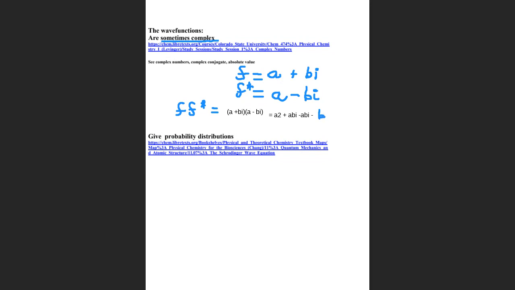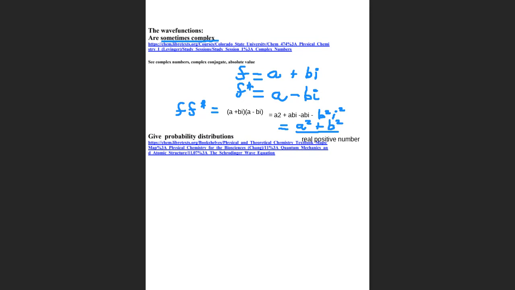You have a squared plus abi minus abi minus b squared i squared, and since i squared is -1, this is simply a squared plus b squared. So anytime you multiply a complex number by its conjugate, you will get a real positive number.